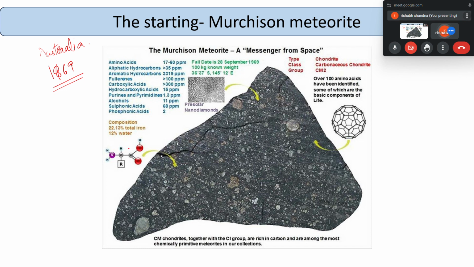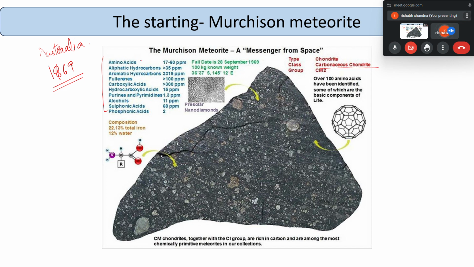It belongs to the carbonaceous chondrite class, which means it contains various organic compounds. These are basically the compounds that make up a living system in today's world.